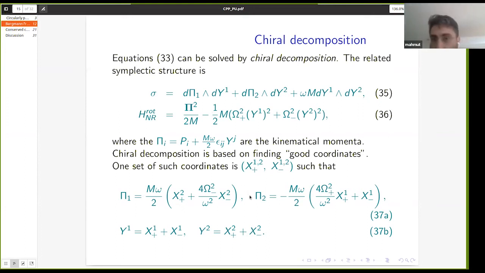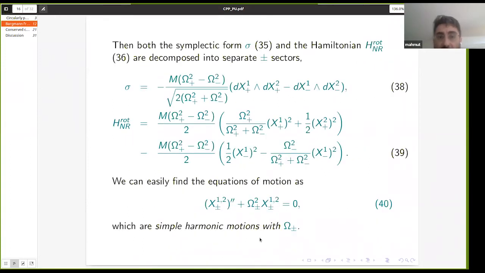If you work out this chiral decomposition, you have new coordinates, let's say x plus 1, x minus 1, x plus 2, x minus 2. You can rewrite the sigma and the non-relativistic Hamiltonian and decouple them into plus and minus sectors. The important point is that in sigma, these are plus sectors and these are minus. And for the Hamiltonian, this is again plus and minus.